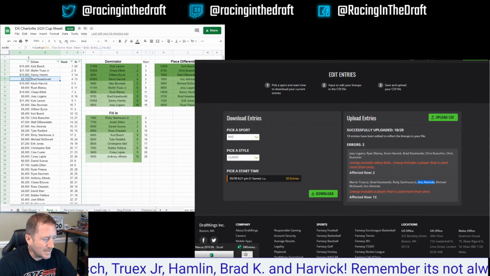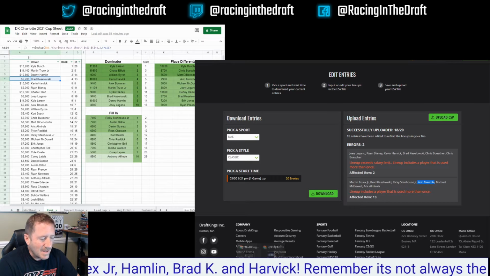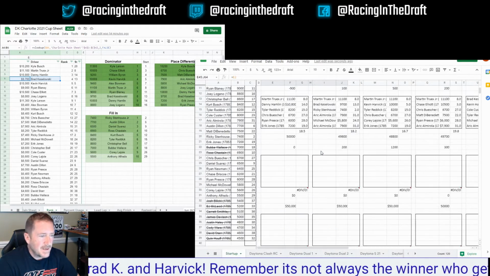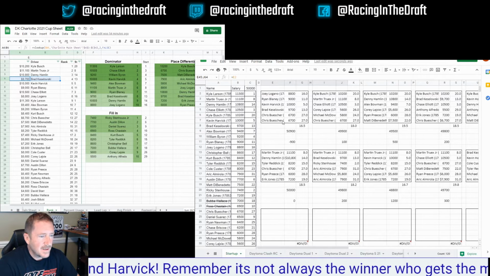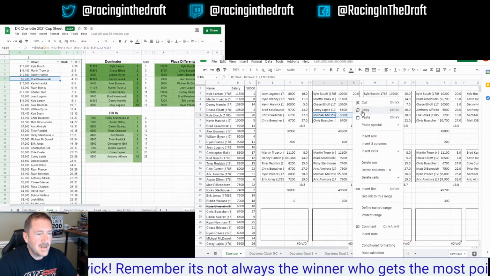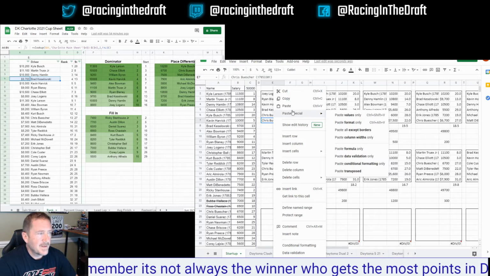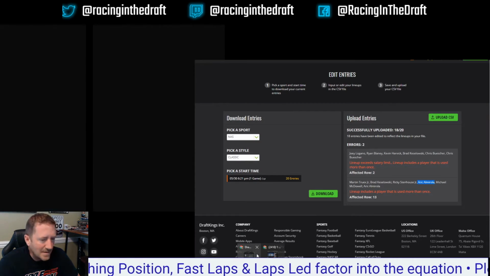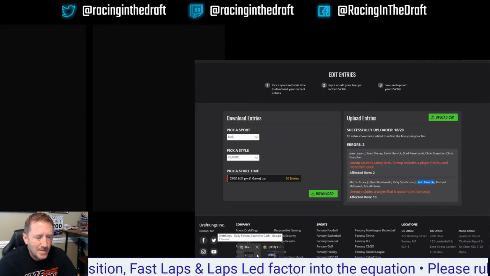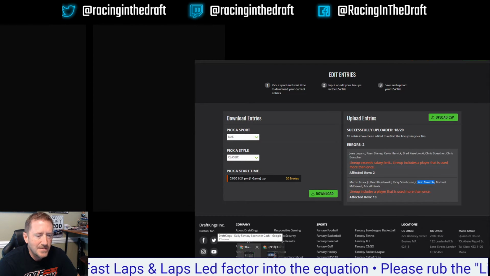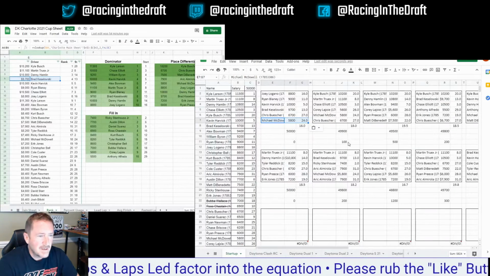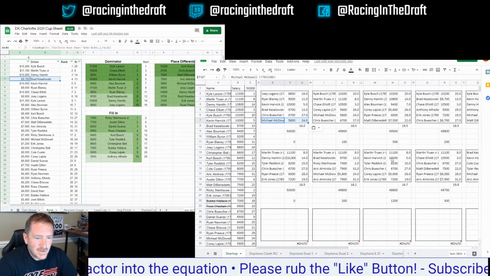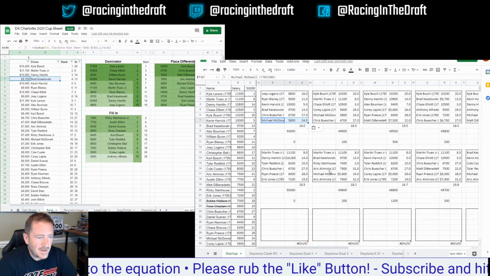So what we'll do is we'll go back to our sheet, and we'll go up here and put Michael McDowell back in. So put that back in, and the other one was row 13, Truex, Brad, Ricky, Eric.